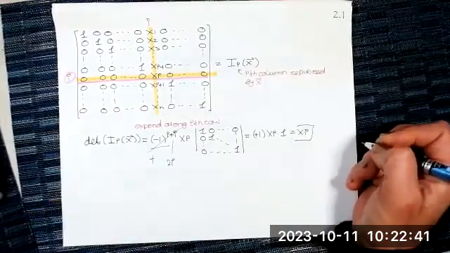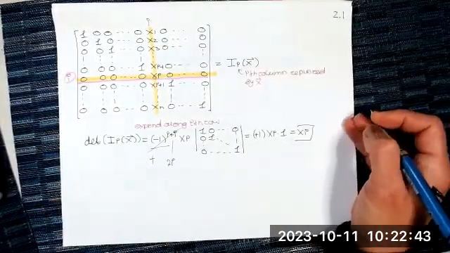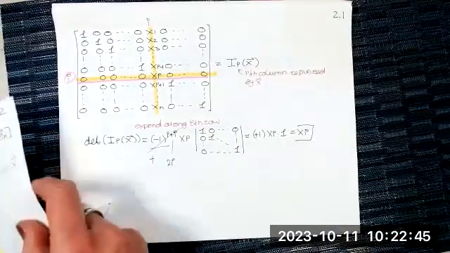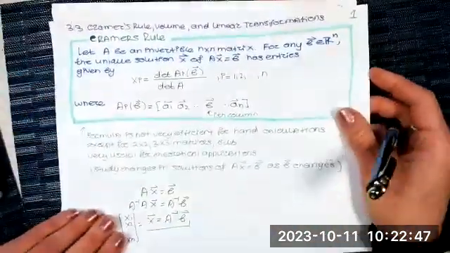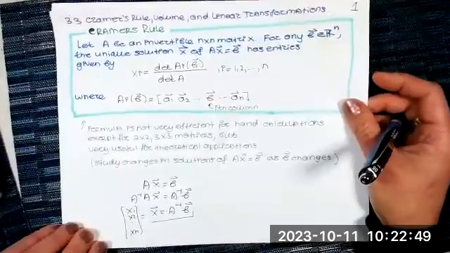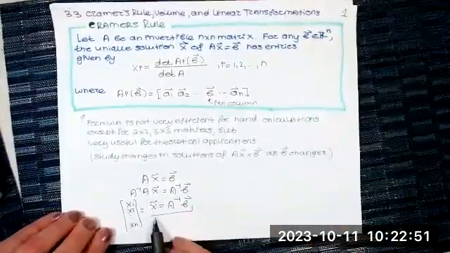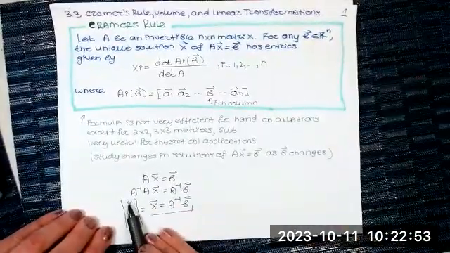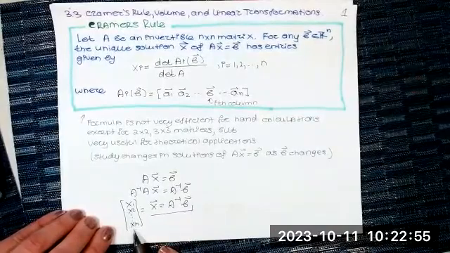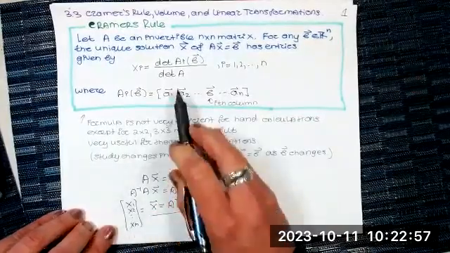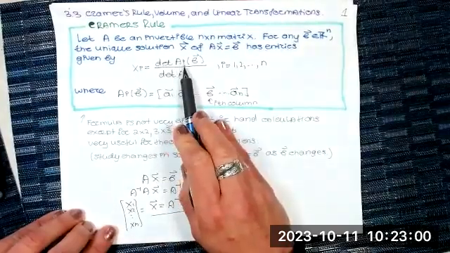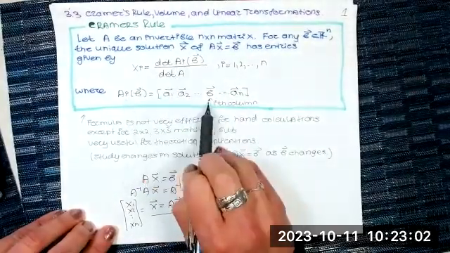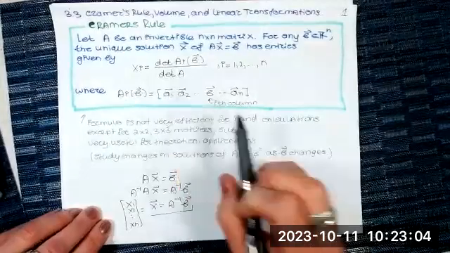That makes sense? And this basically proves Cramer's rule. I can compute my solution for the system by computing the components of this vector individually, by taking determinants of my matrix A with the i-th column replaced by B and dividing by the determinant of A.